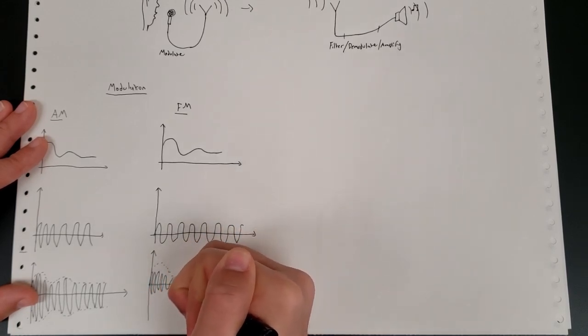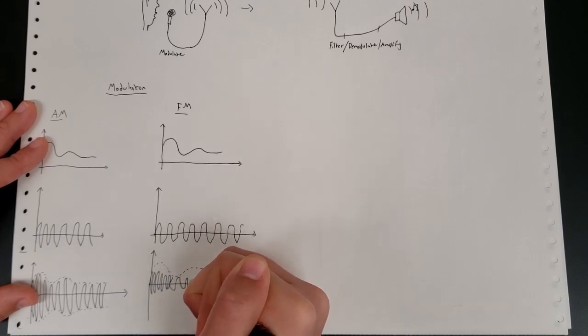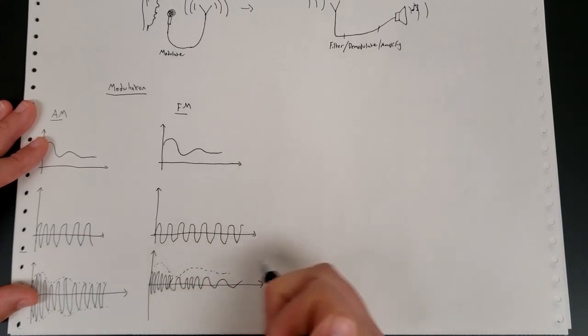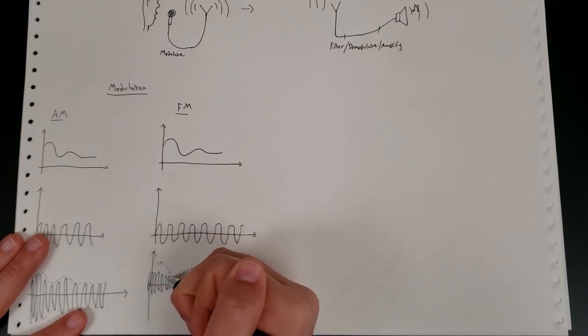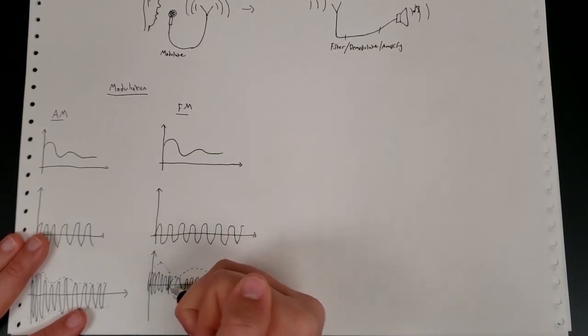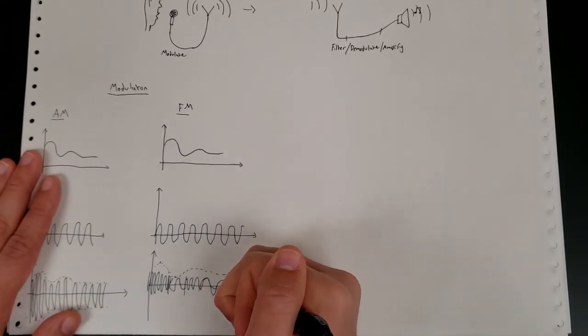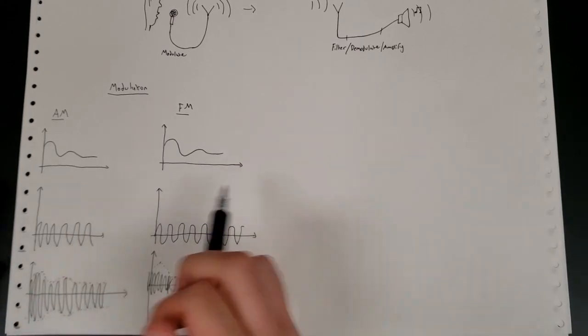It's kind of hard to draw. Then we go high again, and then it starts to come down as this intensity comes down. So anywhere where we have a high peak, we have a high frequency. Anywhere where there's a low peak, we have a low frequency. And the amplitude here is constant. Okay, so those are the two types of modulation.